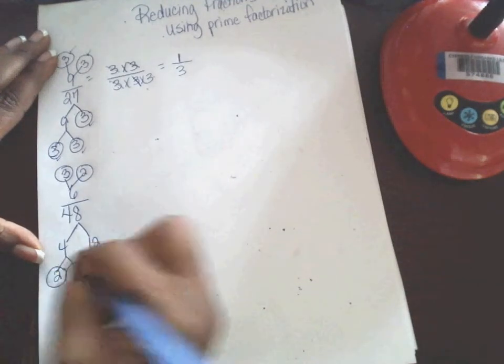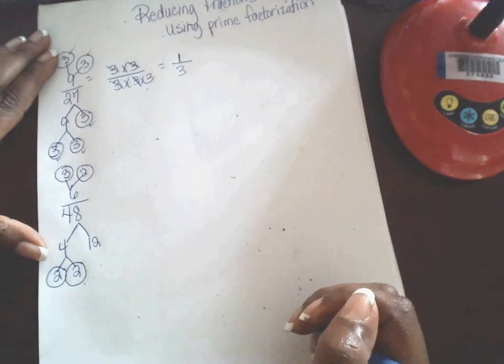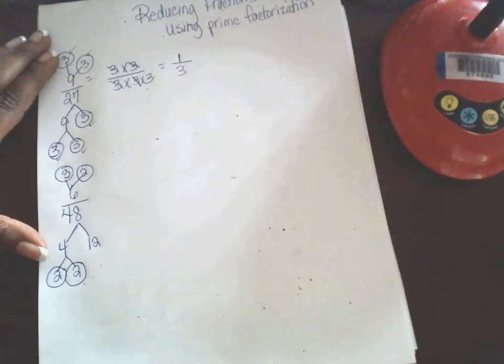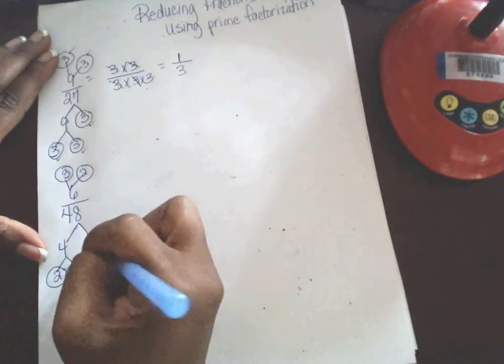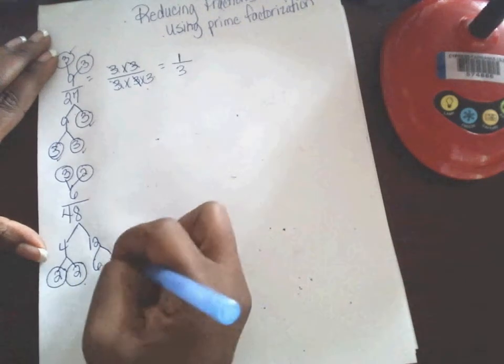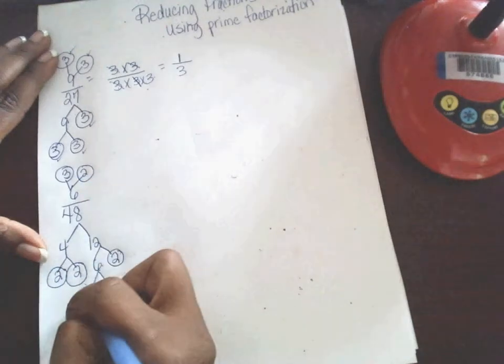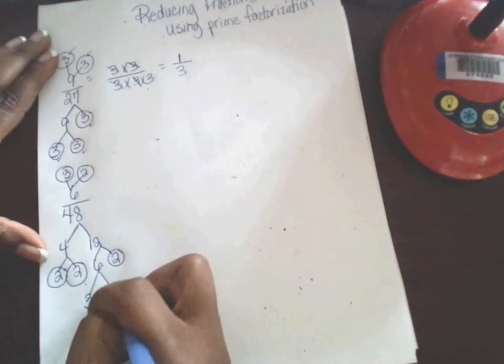And this is another prime number, so I'm circling and stop. Gabby, can you give me 2 factors that multiply together to get a product of 12? 6 and 2. I like that. We know that 2 is prime because we have it here. And we can break 6 down. We have the same information here, so we'll go 3 and 2.